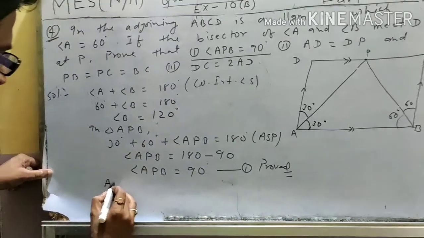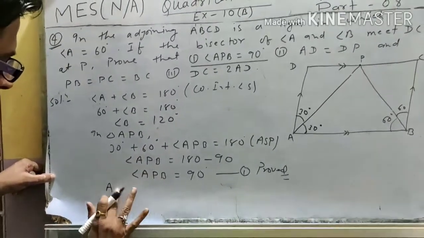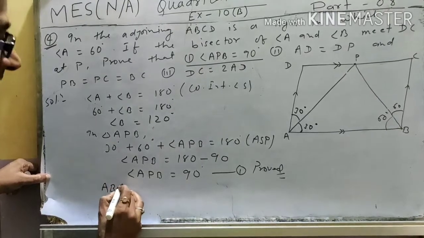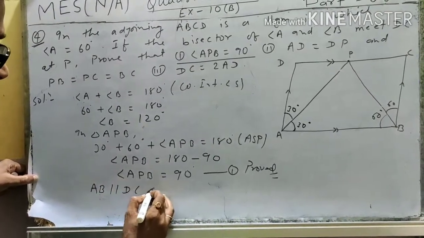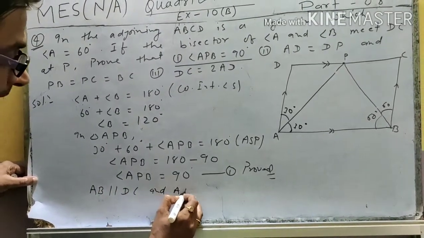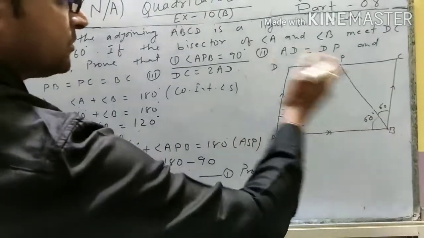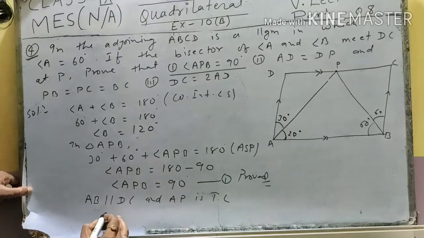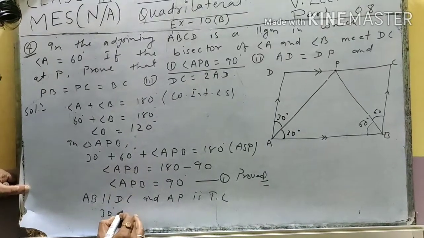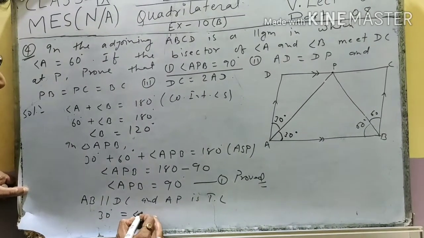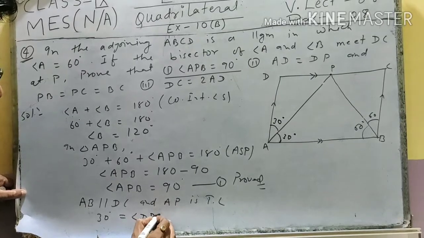AB is parallel to DC and AP is the transversal. So 30 degree is equal to angle DPA. Look at here.